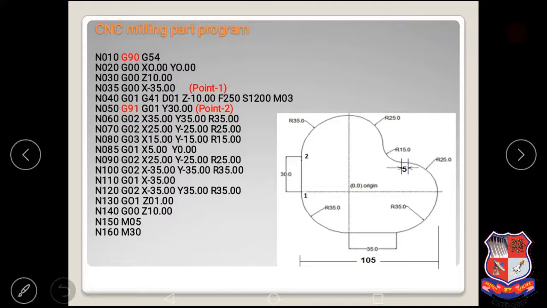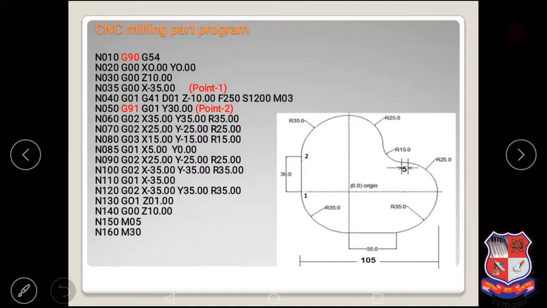Here the origin is given, but it is not at our conventional left bottom corner, it is given in between the part. And another thing is that the starting point and the next point after the starting point are also given.